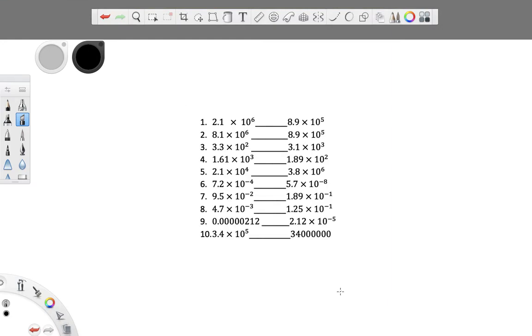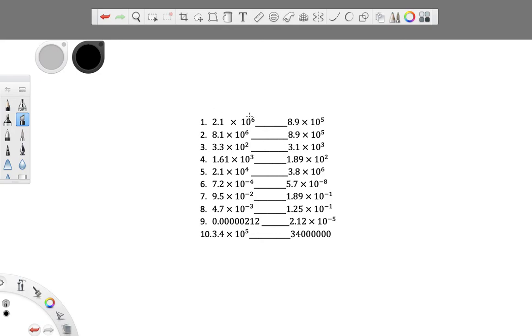Okay, so after having looked through a few examples, now we've got some questions that we can work through. Here we're just looking for a greater or less than sign to pick which number is bigger. So 2.1 times 10 to the 6, is that larger than 8.9 times 10 to the 5?